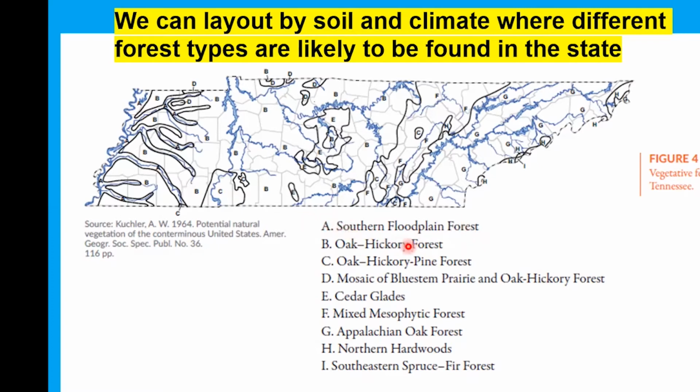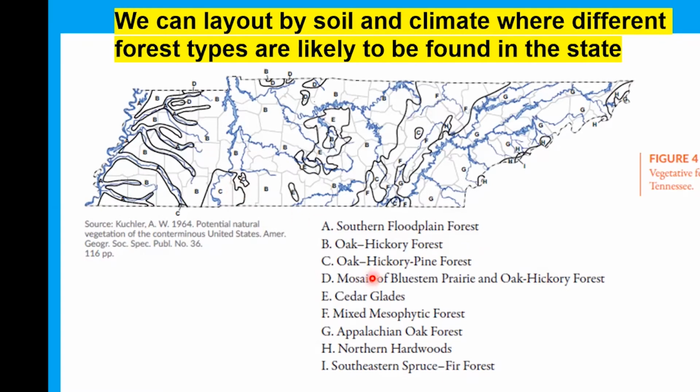Then there's the oak hickory forest in B, the river valleys or the drainage right there. And then oak hickory pine as you get in over here into the C categories. So a lot of pine forests, not big ones like they would have in Mississippi and Alabama, but quite a bit of the loblolly pines are up in that area right there.